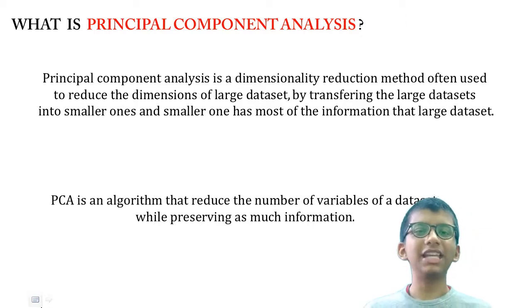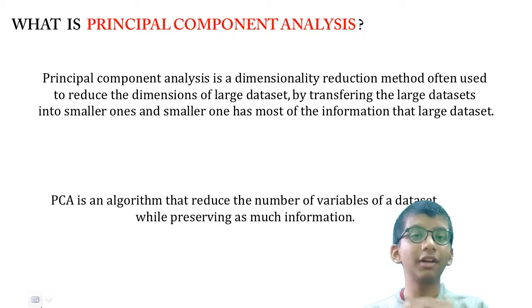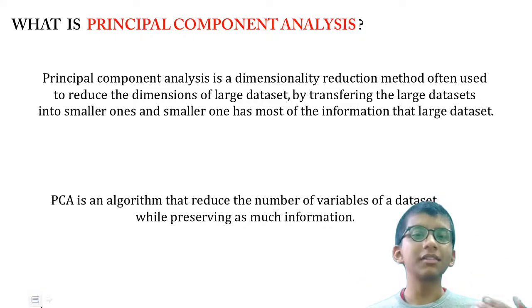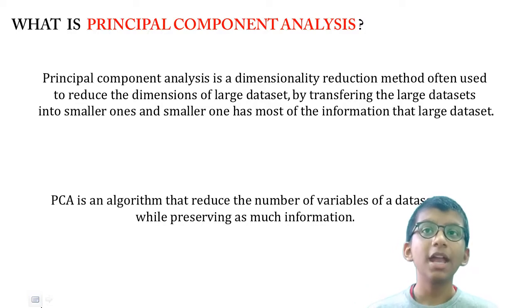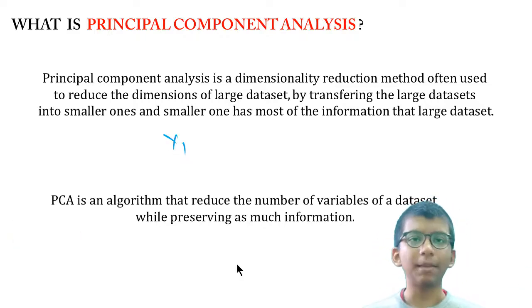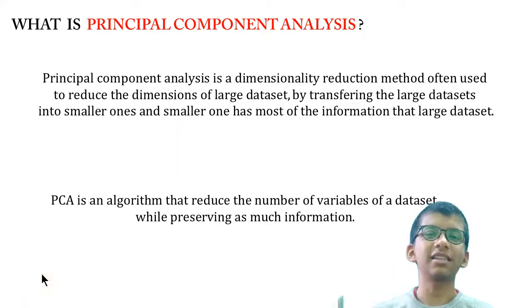Again, to recap, it reduces the features of the large data set into small dimensions while preserving most of the information, let's say 96% of the information in one variable, leaving out 4%. So definitely we'll go with x1.